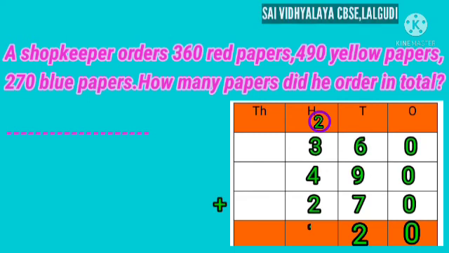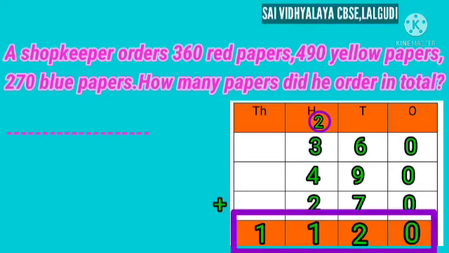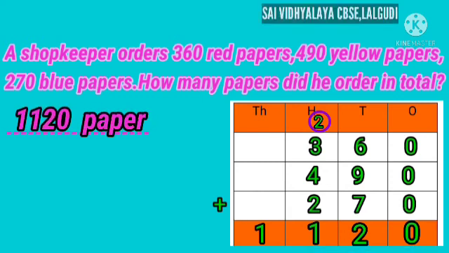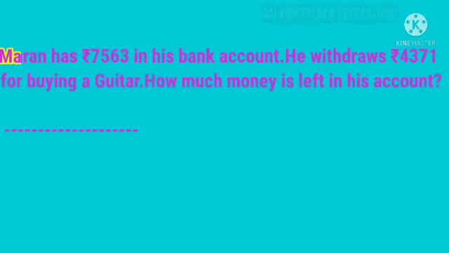Write 1 in hundreds place, 1 in thousands place. Now the answer is 1120. A shopkeeper ordered 1120 papers.